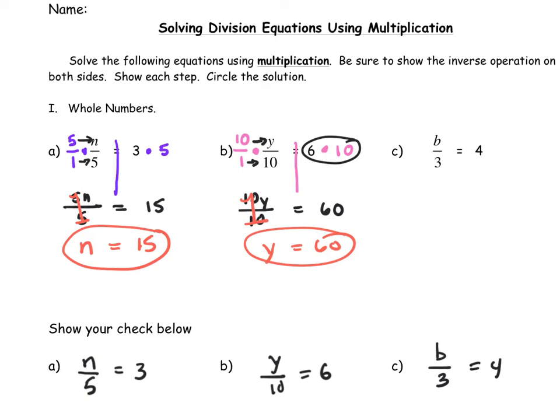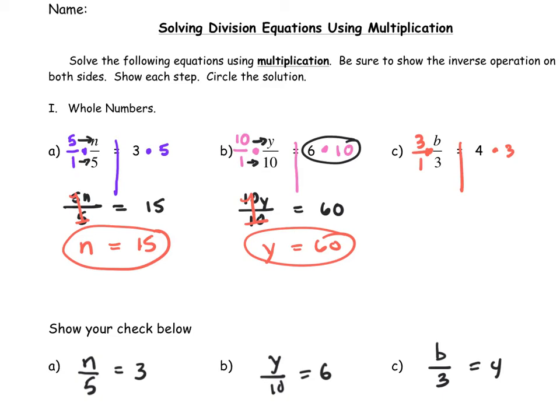So I'd like you to pause the video and try letter C on your own. The answer, or what you should have done, should be to multiply by 3 on both sides. I'm using 3 as a fraction. That should be a times sign. And over here I'm going to use 3 as a whole number.